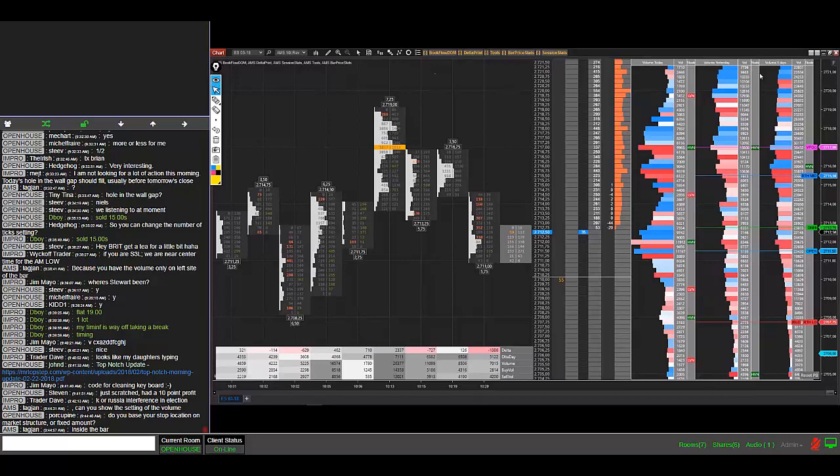But if you can do that, then maybe you should do like a 3 point stop with a 5 point target. But it's really personal, to be honest, because it depends on your personality, right? If you don't mind being offsides for a couple points, then you can trade another way.